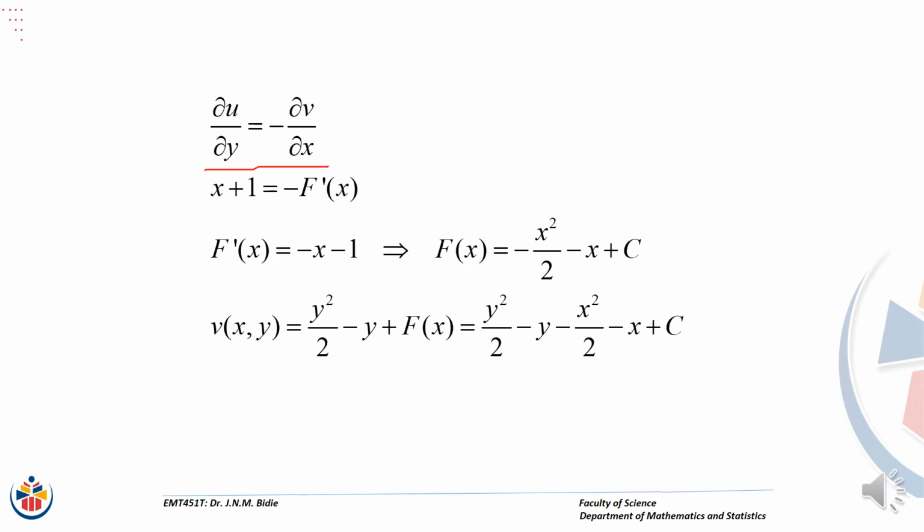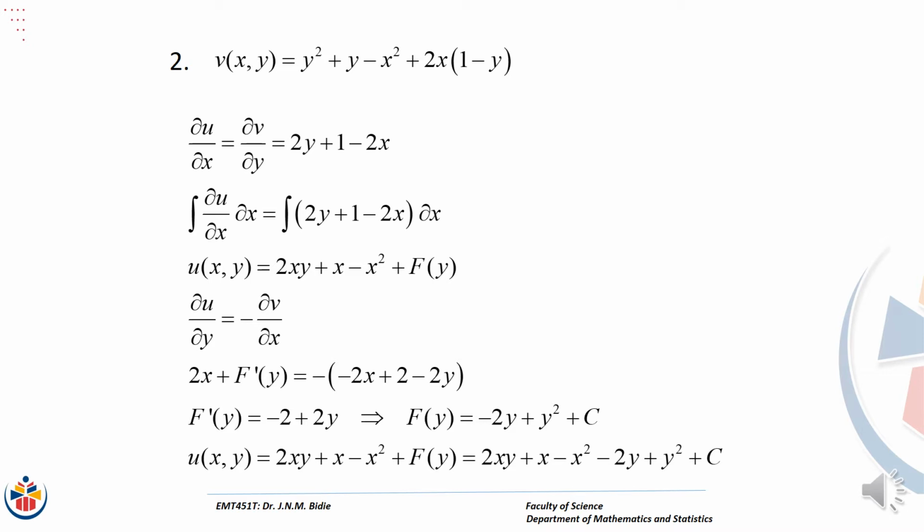Then we take this function and we substitute where there is f of x in the formula for v. So therefore we have y squared over 2 minus y minus x squared over 2 minus x plus c as a formula for the harmonic conjugate of u.